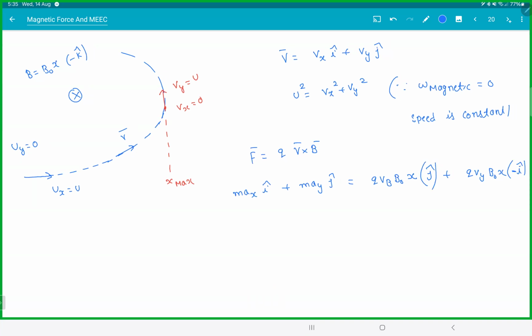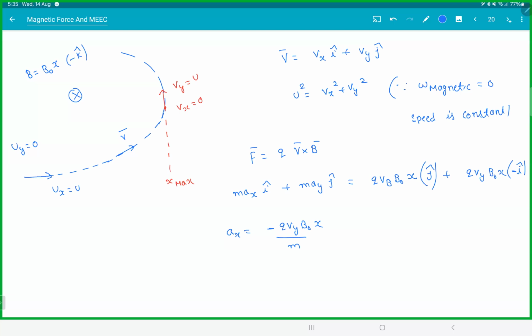I simply did V cross B. Right, now here what I'm interested in is the horizontal component. So ax would be minus qVy B naught x by m.